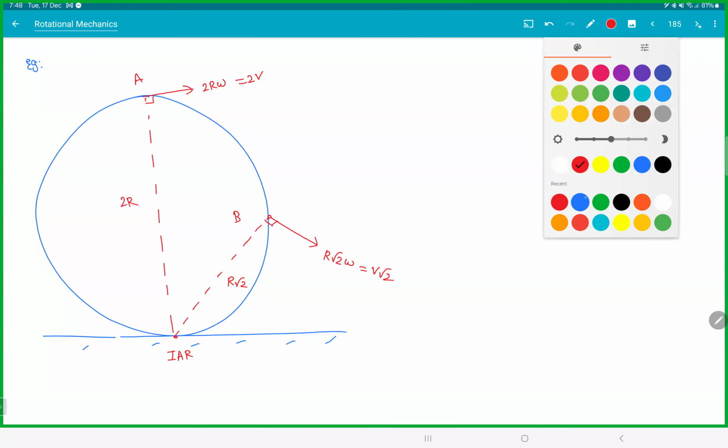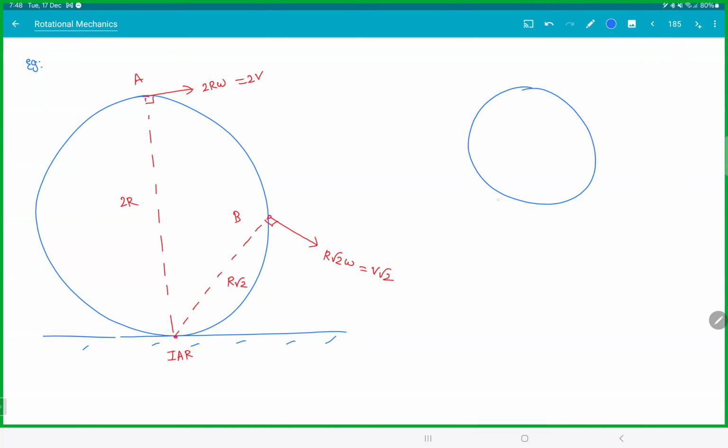Now, do you remember how we used to calculate them? We used to calculate them like this. If this is going with v and omega, we used to say, due to translation, we have v forward and rotation is r omega. So that is v plus r omega, and v is equal to r omega, so 2v. This point has velocity v this way and rotation is r omega, which is also v.